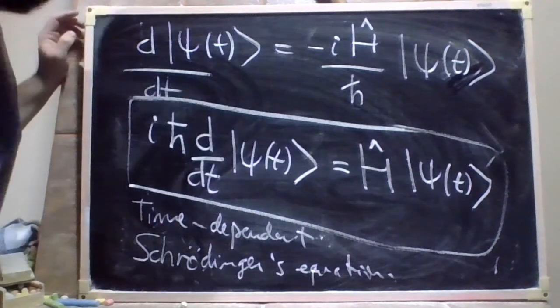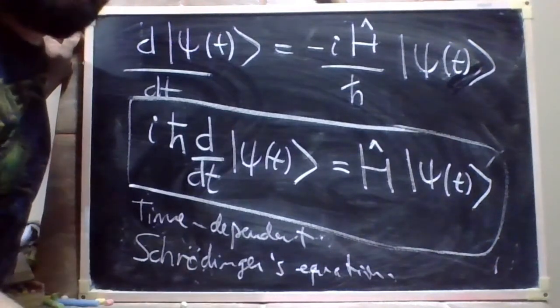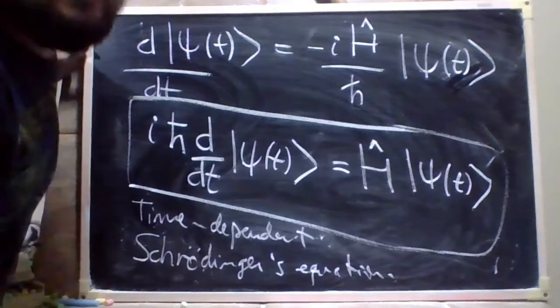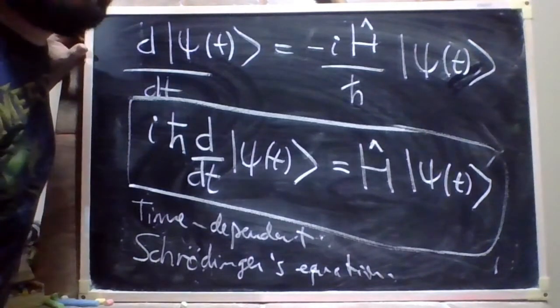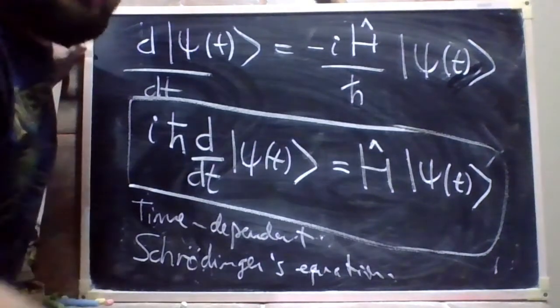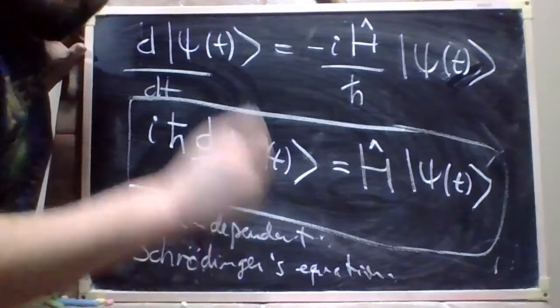Which means, given some state at the initial time t equals 0, the probability of finding that state, given that state, is 1. You already tossed the coin, so you already know what it gave as a result.